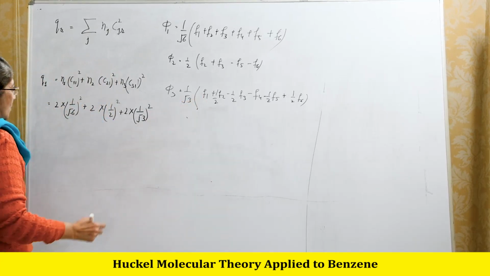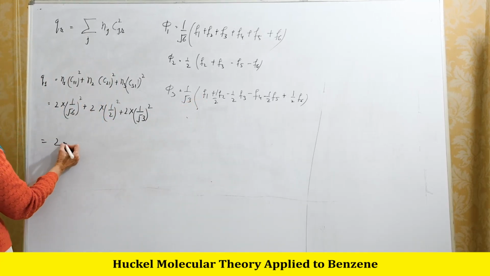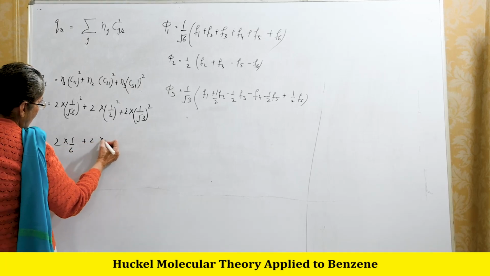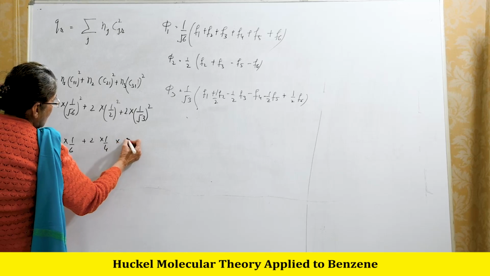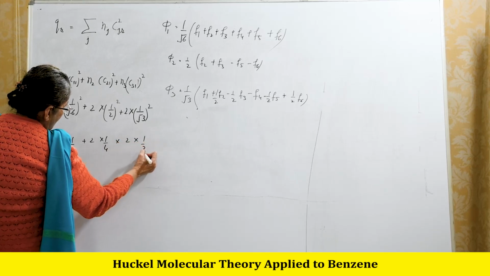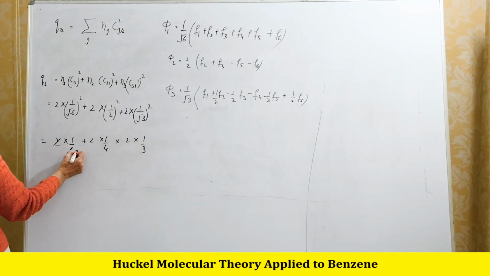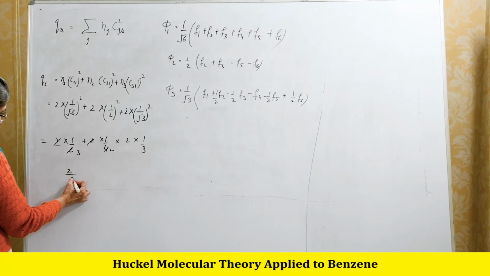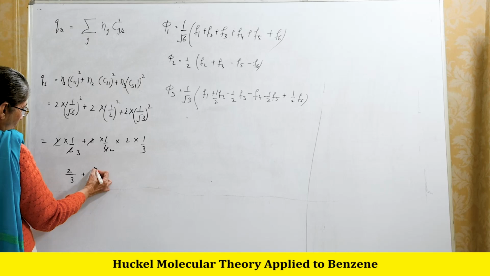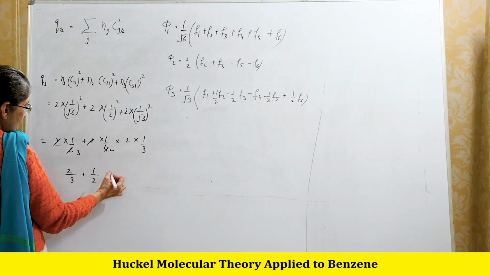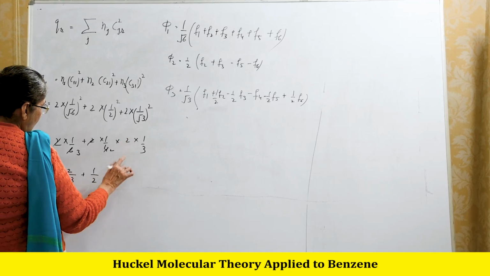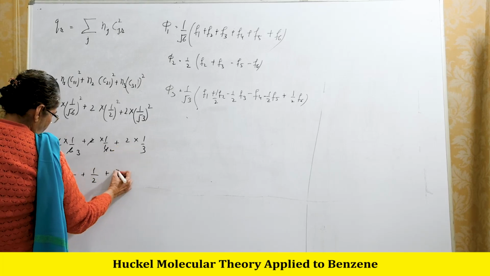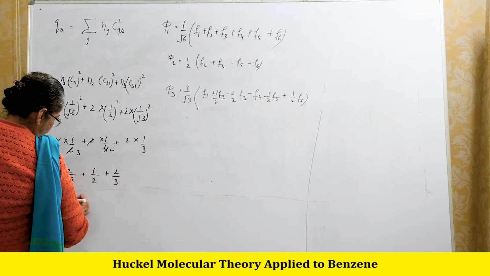So it is 2 into 1 by 6 plus 2 into 1 by 4 plus 2 into 1 by 3.